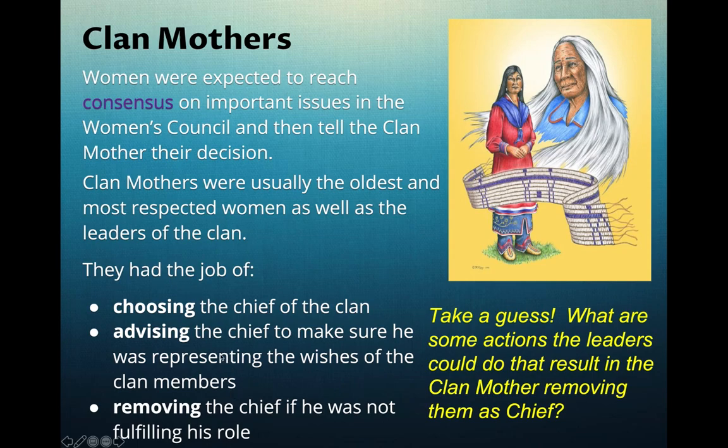So she kind of became like the MLA in a way. She was taking the information from her council and from her whole clan in total, and then sending it to the chief, who would be like the premier, for example, of each clan.